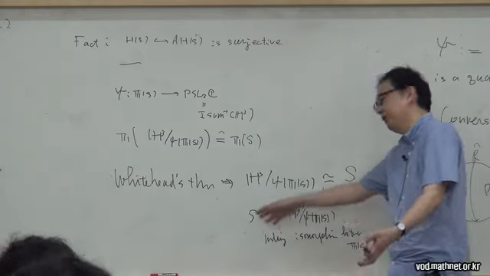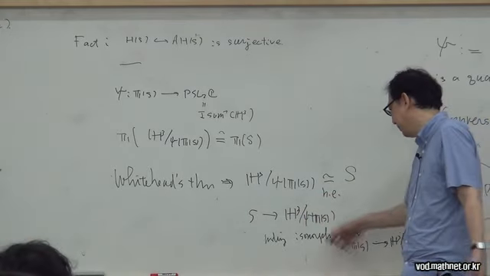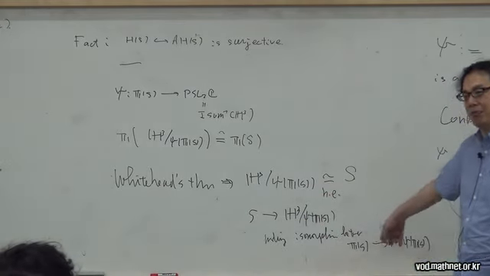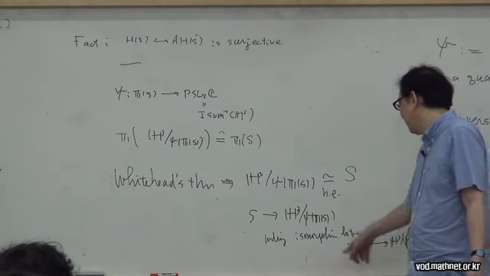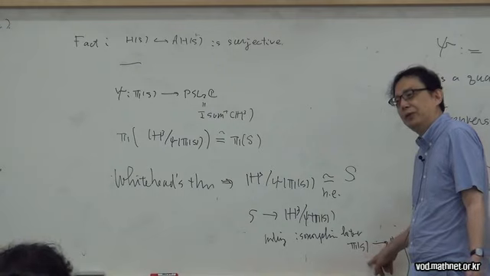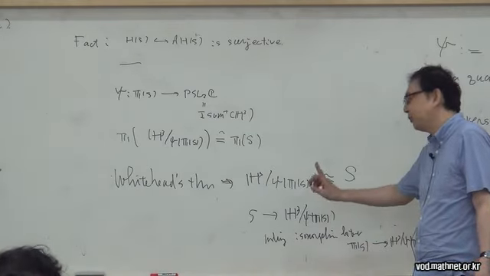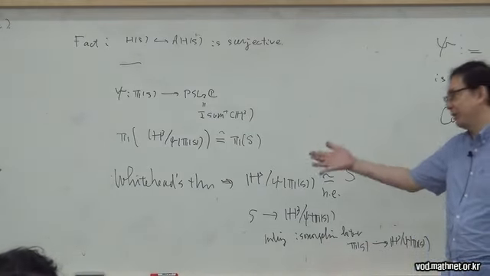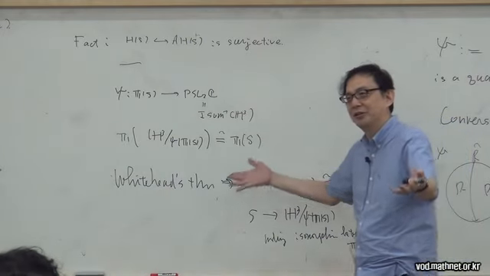So you can extend the map. So this map induces an isomorphism between the fundamental groups, and also an isomorphism between the higher homotopy groups because they are all 0.